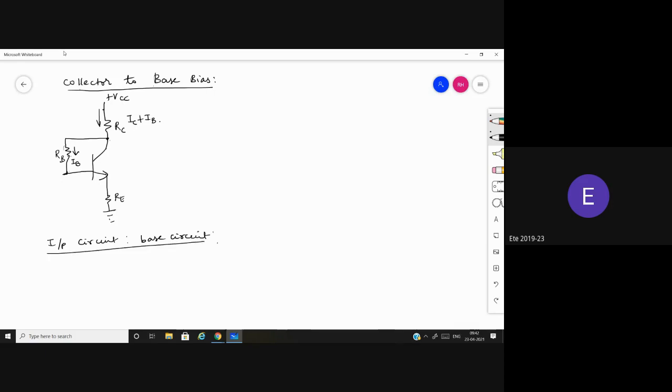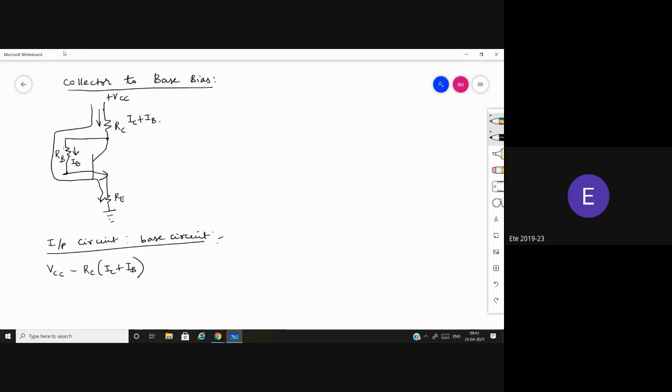When we apply KVL to the base circuit, it is VCC minus RC into (IC plus IB).